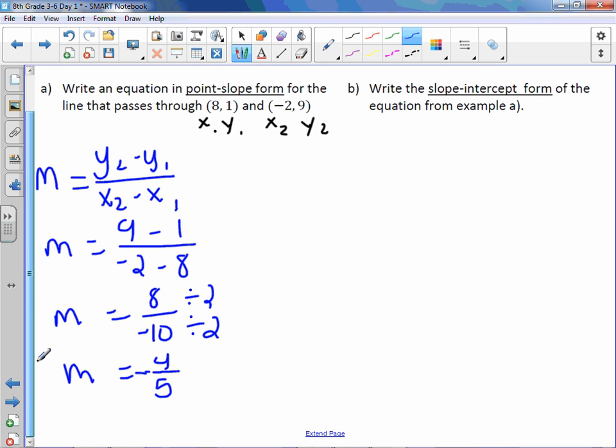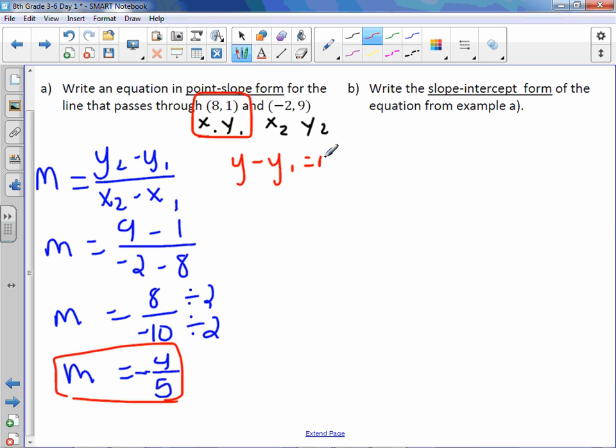Now that we have our slope, we have our m and our points. We have m and x1, y1. We can go right to our point-slope formula: y minus y1 equals m times the quantity x minus x1.